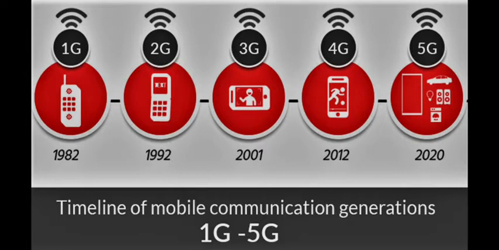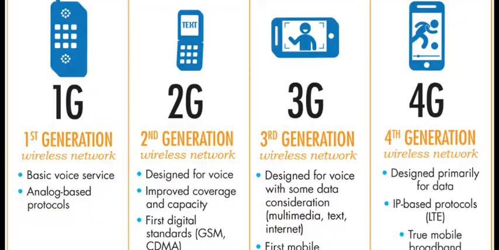After one more decade, in 2000, we had 3G, and 2012 onwards we are using 4G, which is being used in most parts of the world. And as we are talking in 2021, 5G is already introduced in some parts of the world, which definitely is going to take some time to get global.